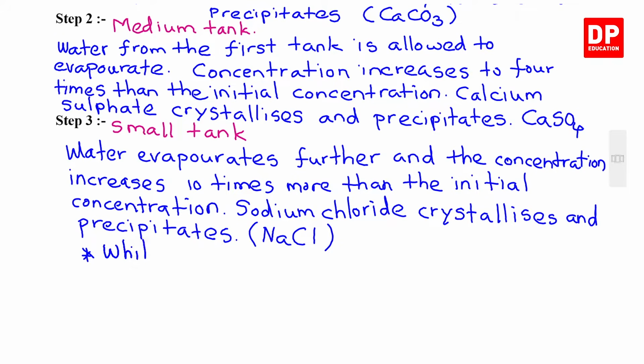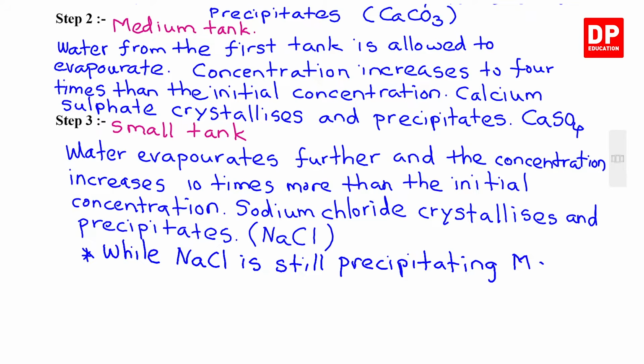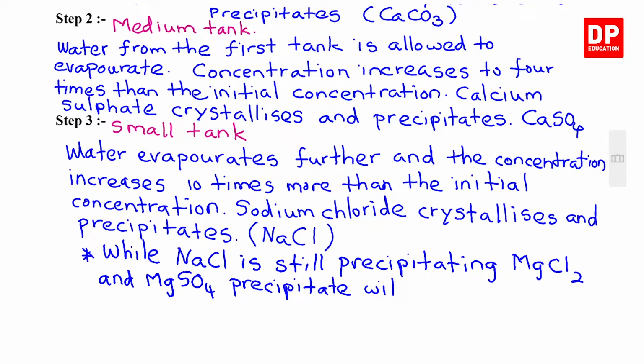While sodium chloride is still precipitating, magnesium chloride and magnesium sulfate precipitate with it.